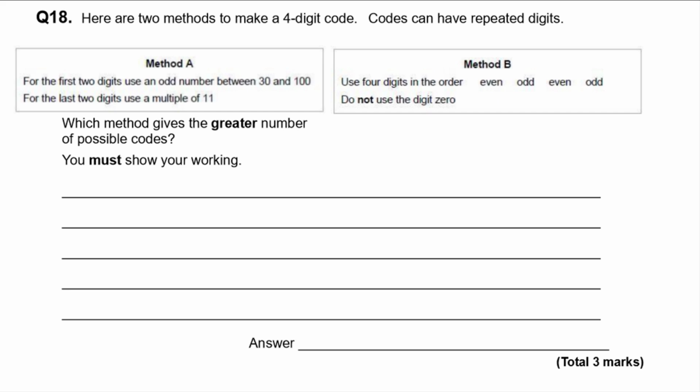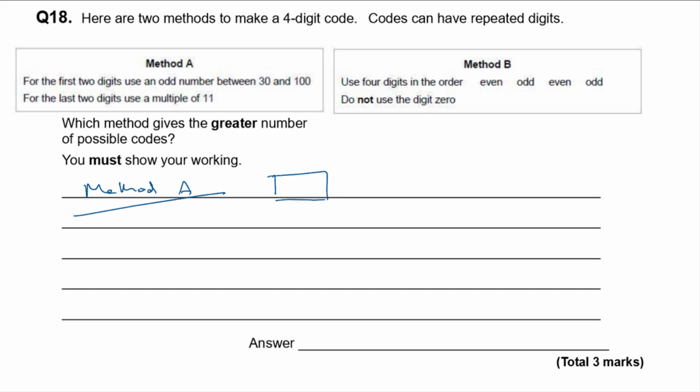All right, so basically we need to work out method A selections and method B selections. So let's start with A. Right, so we've got, for the first two digits, use an odd number between 30 and 100. So for the first two digits, I am picking an odd number between 30 to 100. Now, how many odd numbers are there between 30 and 100?